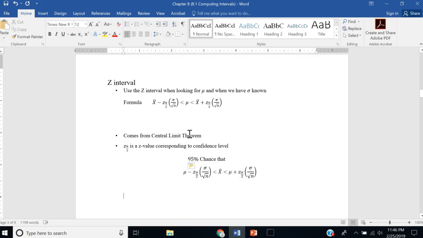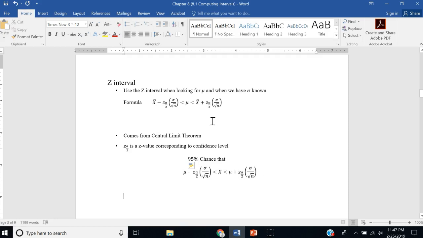Now this looks an awful lot like this original formula that I gave you, except notice that the population average and the sample average have changed spots. So that's what I mean by using simple algebra techniques. You can subtract the sample average from all three sides of this inequality. You can subtract the population average from all three sides of the inequality, and then multiply everything by -1, and it turns out you come back to that.